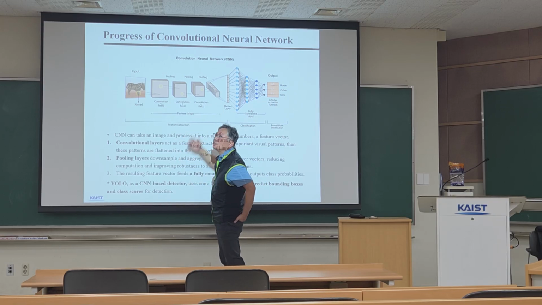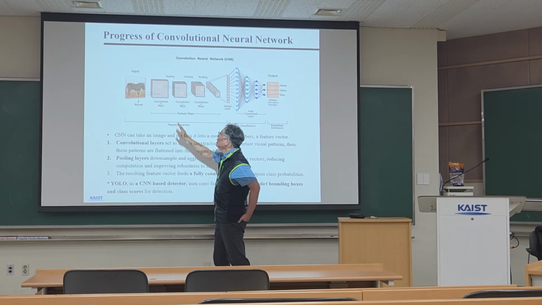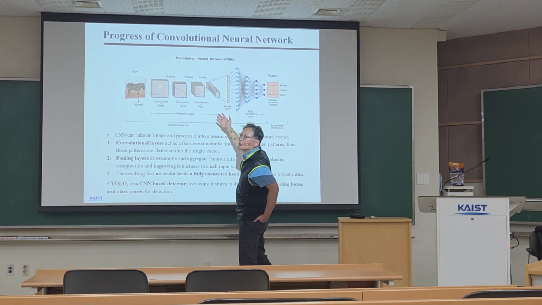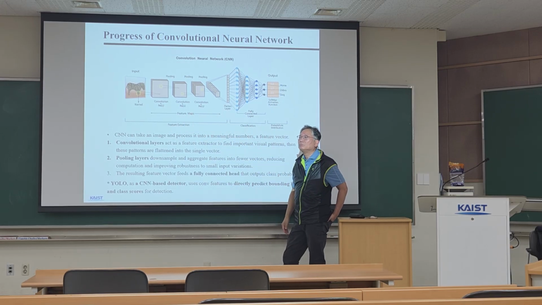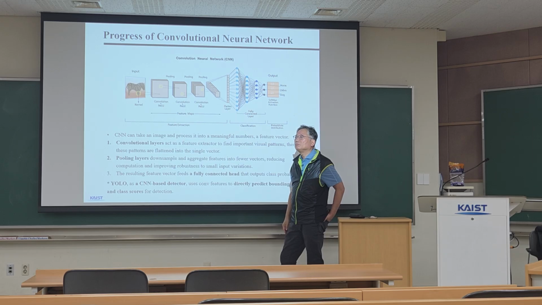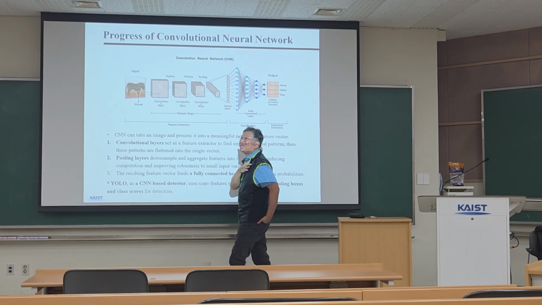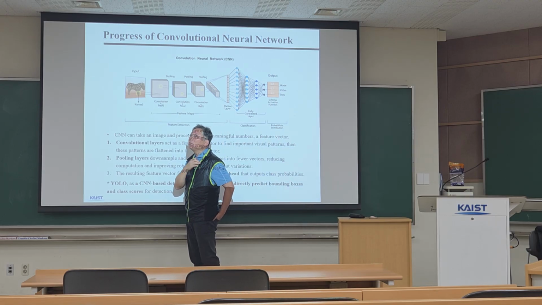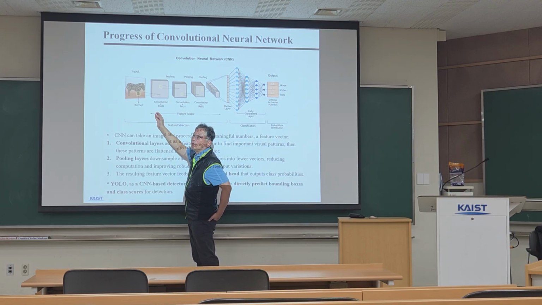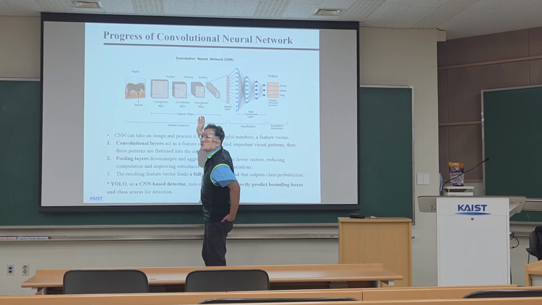If this whole thing was a linear system after another linear system, what can you do? You can combine it into one linear system. But it isn't one linear system. It's linear and non-linear, linear and non-linear.